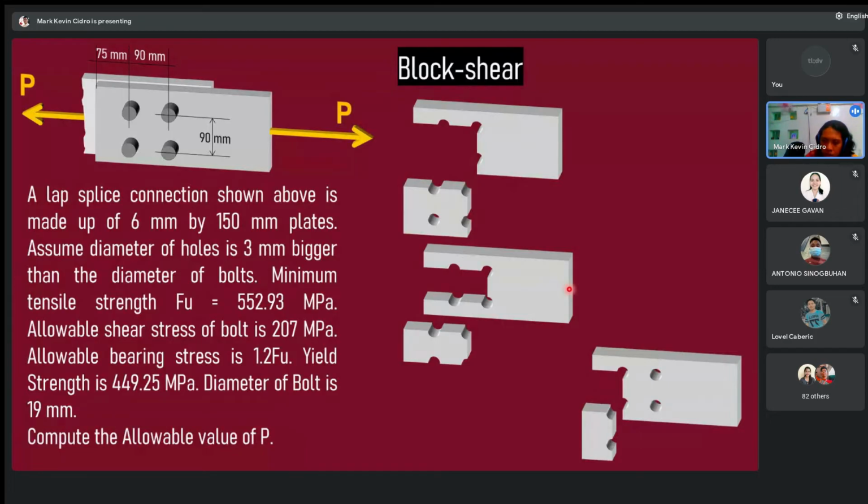Is it possible to have block shear here? The answer is no, because there are still bolts that counter the applied force. So it is not totally a failure. When looking for block shear failure, this will not be possible, because there are still bolts resisting it.